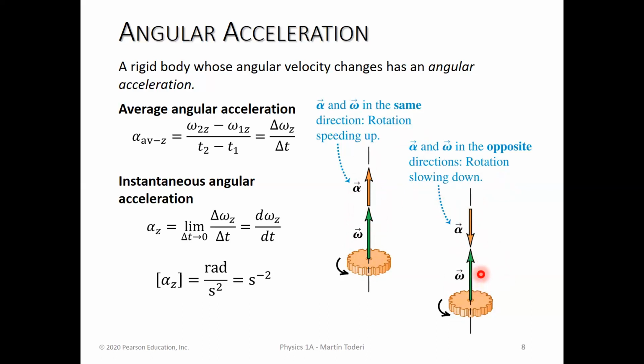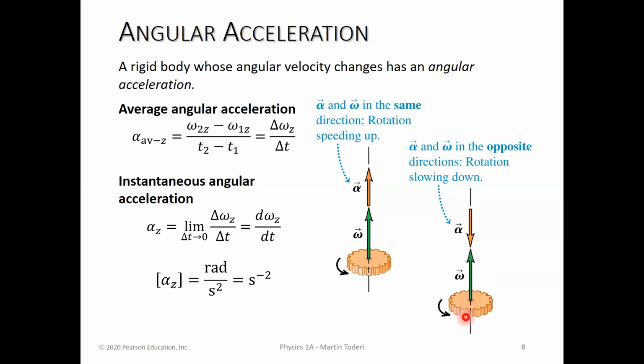modulus. But what would happen if we reach 0 and then we keep accelerating to the other direction? Then if we have this rotating to the left, like here, counterclockwise, then we would reach angular velocity equal to 0 when we get here. Let's imagine that this green arrow is being reduced over time, as long as this thing is still acting. And if it keeps acting on that, it will start accelerating it, and it will start increasing the modulus, but now omega will be pointing the other way.